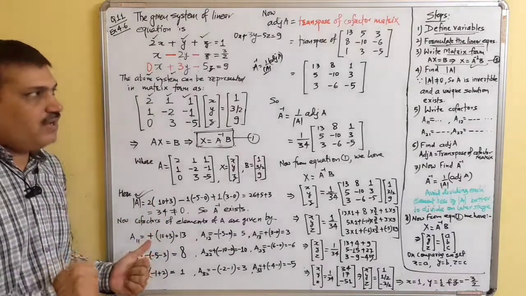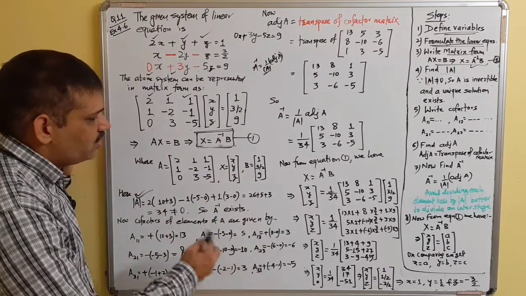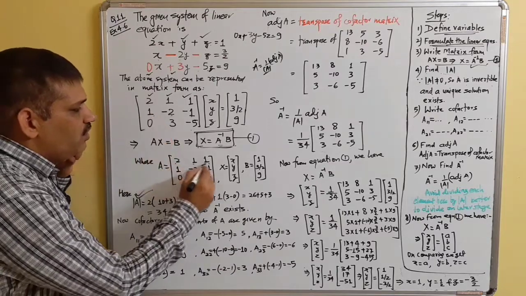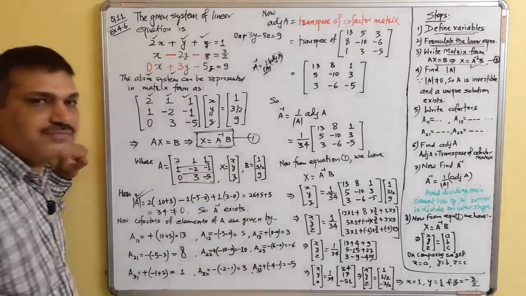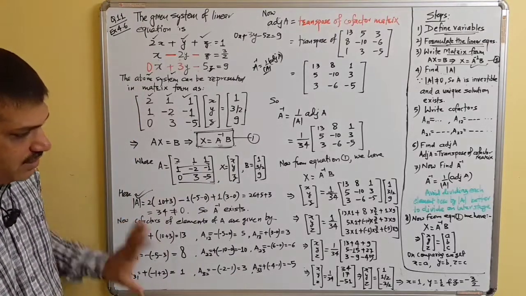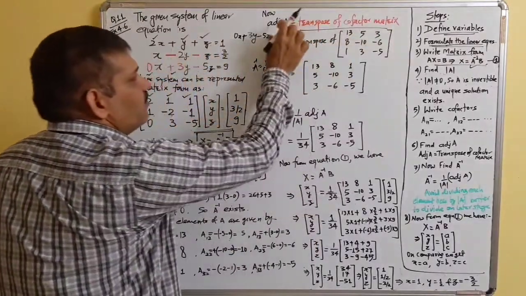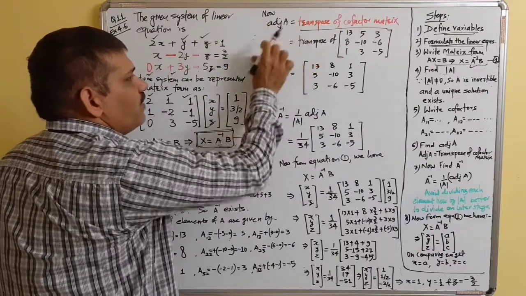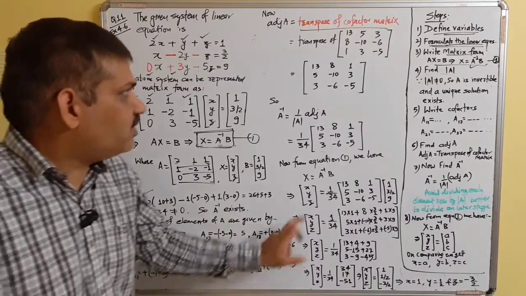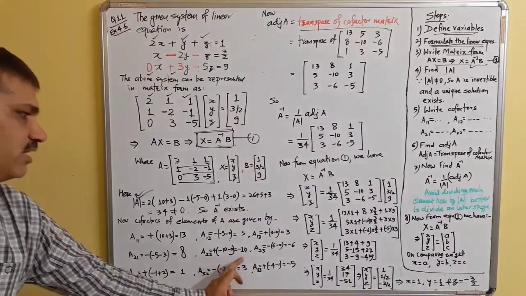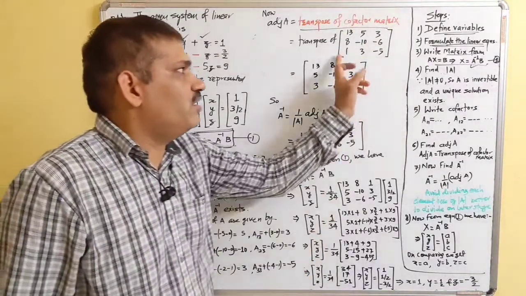Now to find adjoint A, what we need? We need the cofactors. So now we write all the 9 cofactors, A11, A12, and so on, of all the elements. Now adjoint A is the transpose of the cofactor matrix. The cofactors are 13, 5, 3; 8, minus 10, minus 6; 1, 3, minus 5.